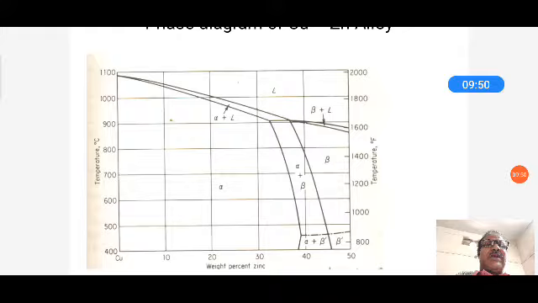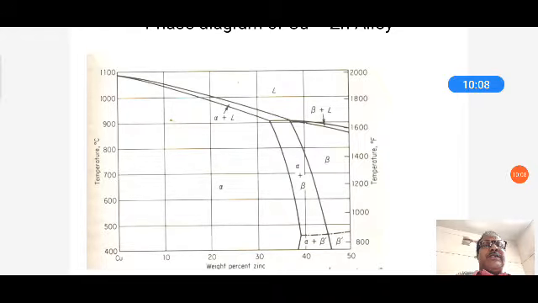The liquidus and solidus lines are observed in the diagram, and a number of peritectic and eutectic reactions form in the phase diagram.